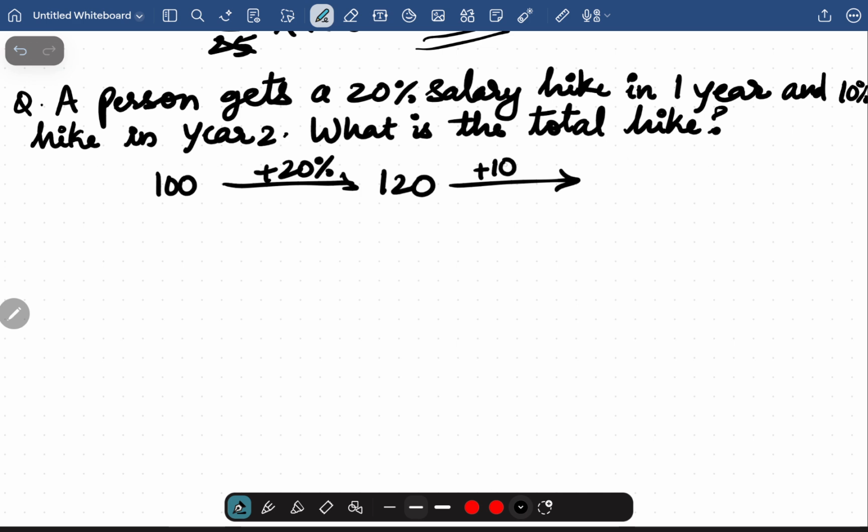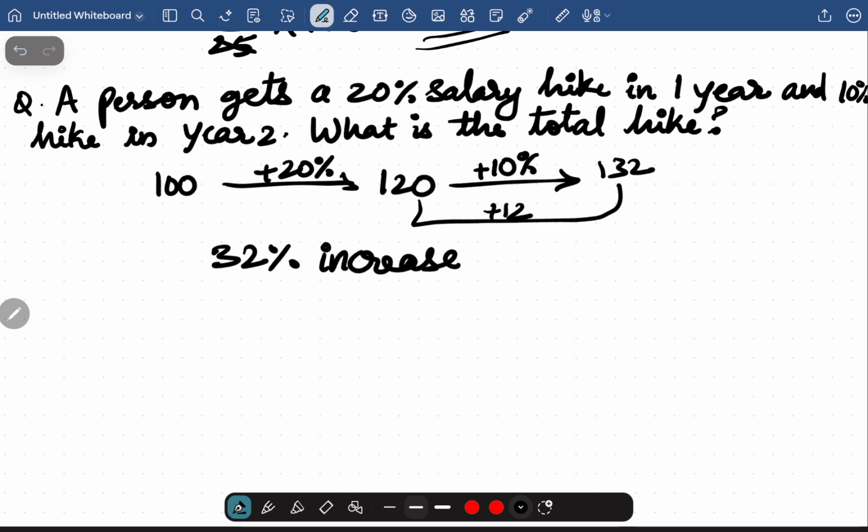It means plus 10%. What is 10% of 120? It's 12. So we have to add 120 plus 12. It's nothing but 132. So here the result is it increased by 32%.